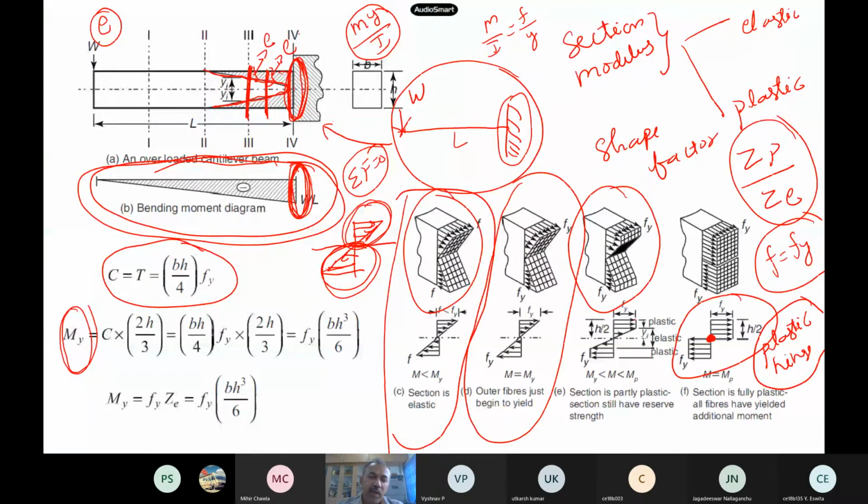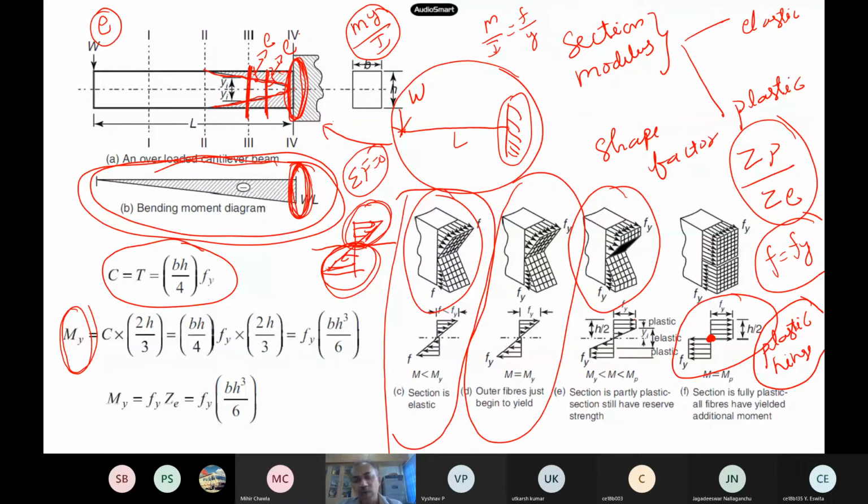And the most important thing in our beam design is that, as I already told you, the complexity of design is increasing. In the tension member we had only area; in the compression member, radius of gyration and moment of inertia also came into the picture. Now when it comes to beams, you should have the section modulus also.